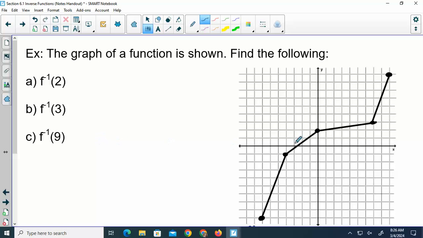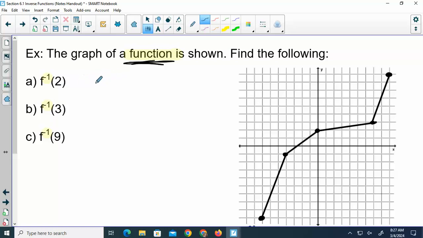Final example of the day. Here is a graph. This is of the function. I want to find the following. And notice we have the function, but these are talking about the inverse. So if 2 is the x of the inverse, what was it in the original?